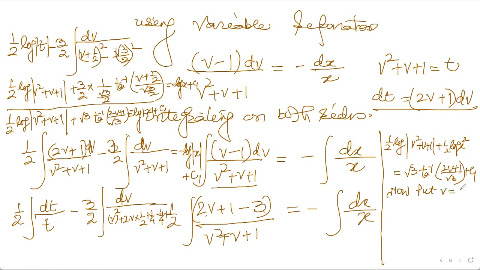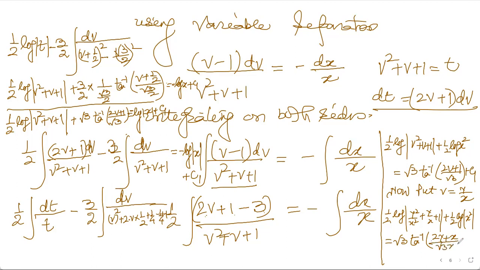So put v as y by x, and you will get half log y square by x square plus y upon x plus 1 plus half log x square is equal to root 3 tan inverse 2y upon x, that on taking LCM will give you 2y plus x upon x root 3.